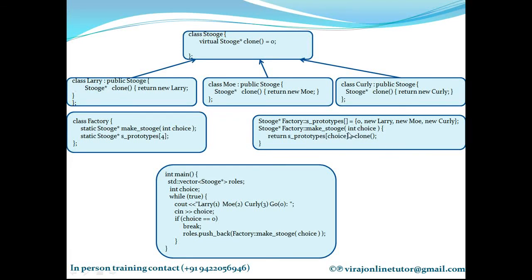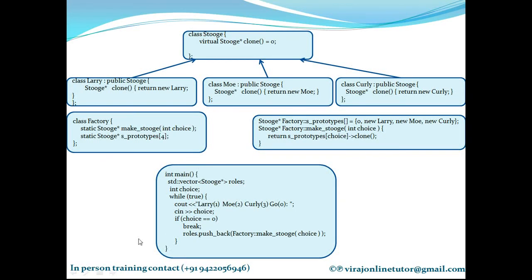Suppose the user passes 2, then prototypes of 2 is going to give me 0, 1, 2. So Mo. And I am going to call the clone API of this Mo. This is the Mo class, the clone API of this Mo will return Mo. So if I pass 3, it's going to go to the clone API of Curly. It will return Curly, because clone is all about creating a copy of itself.